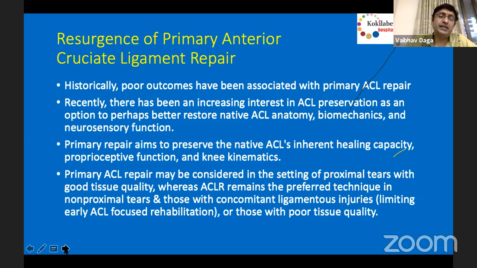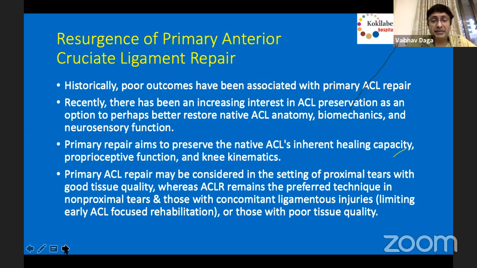So usually, if the reconstruction is done with one of the grafts, as we discussed before, they try to retrieve as much of the stump of the ACL as possible, to preserve it and use it in the repair again.